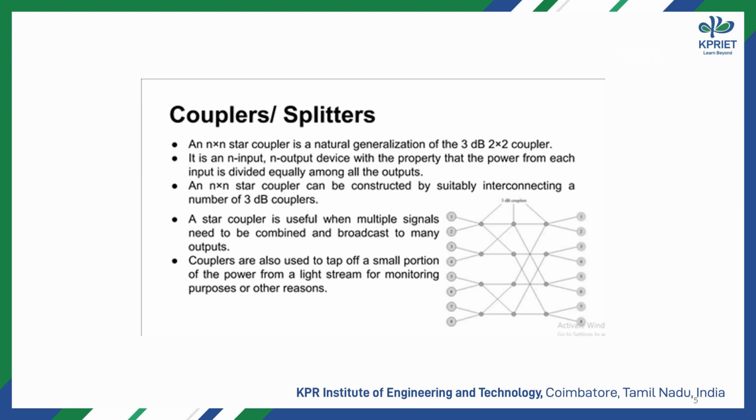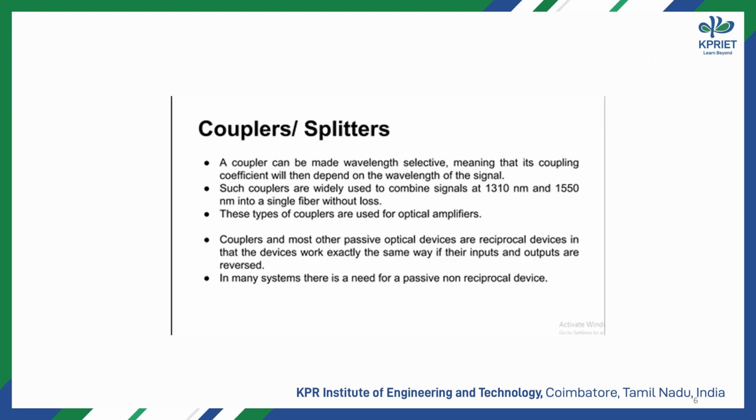Power in each input port will be divided equally among each output port in this star coupler. Star couplers are used to tap off a small portion of the power from a light stream for monitoring purposes or other reasons. These are the constructions of the N cross N star coupler using 3 dB couplers.